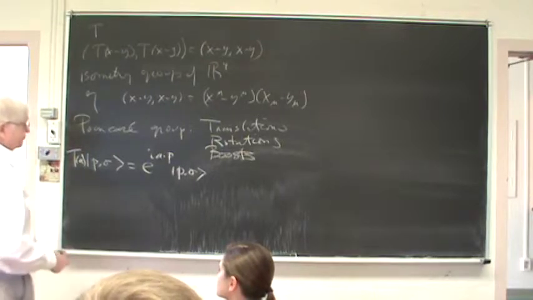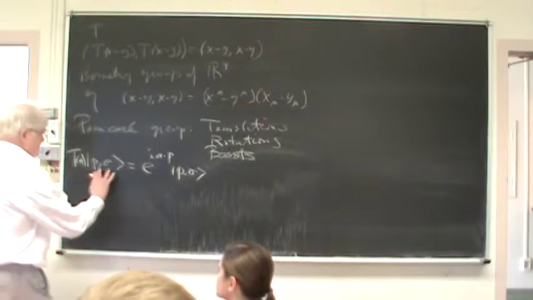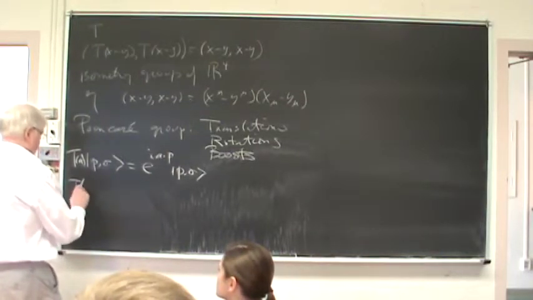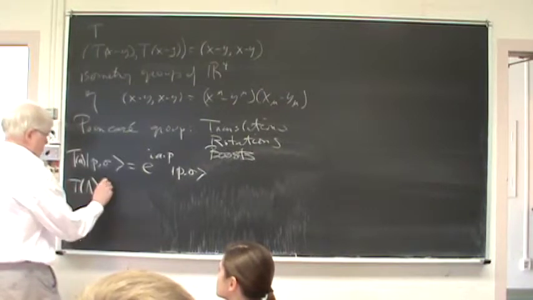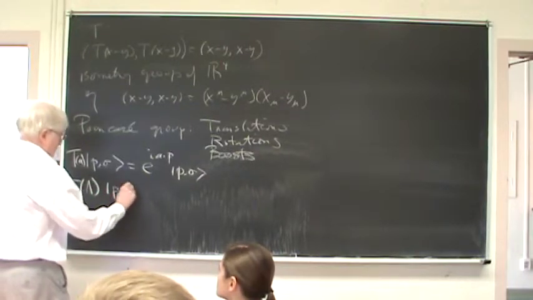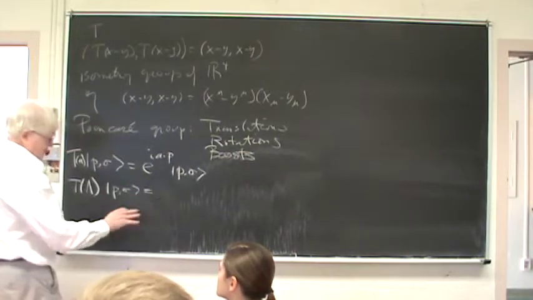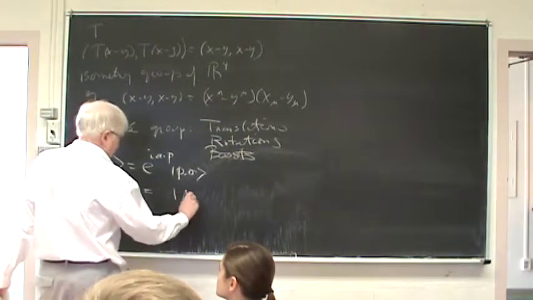And the point is then that these states form representations of, well, let me say what the Lorentz transformation is. Then this on |p, sigma> I'm gonna just write in a simple way.